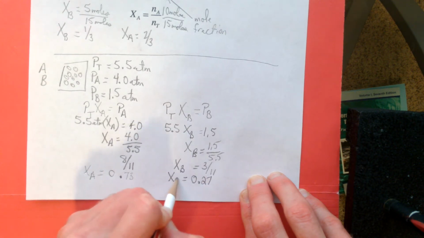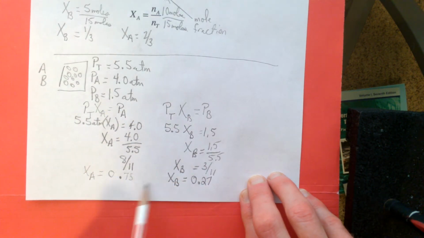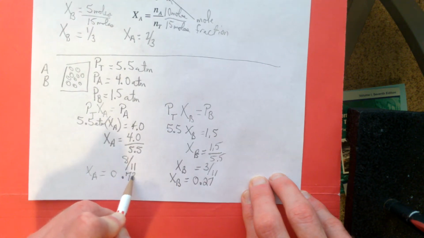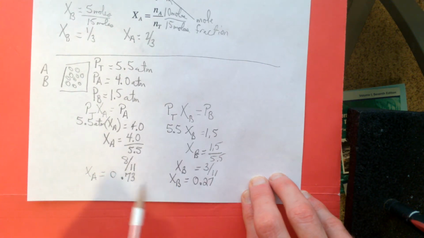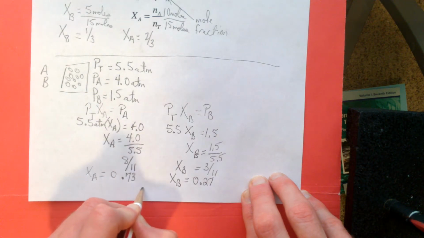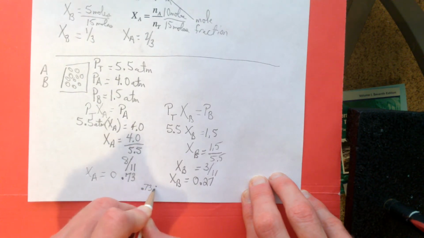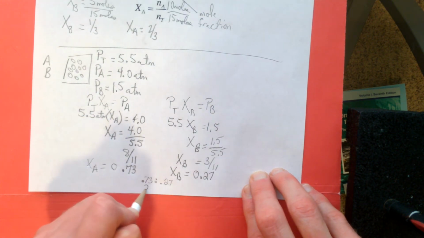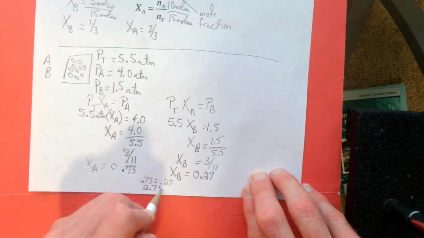So we can realize that the two gases we have here, A and B, are in a ratio somewhere around 2.5 to 1. If we go 0.73 to 0.27, we find that's a ratio of about 2.7 to 1.